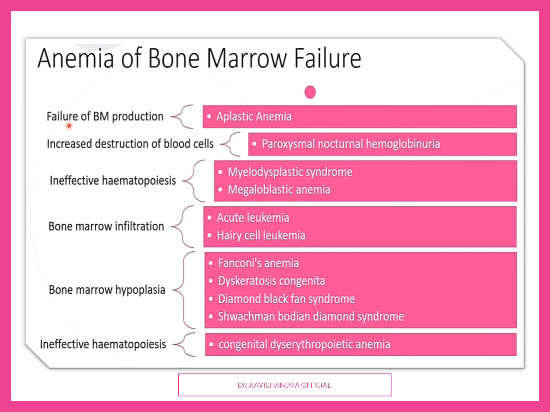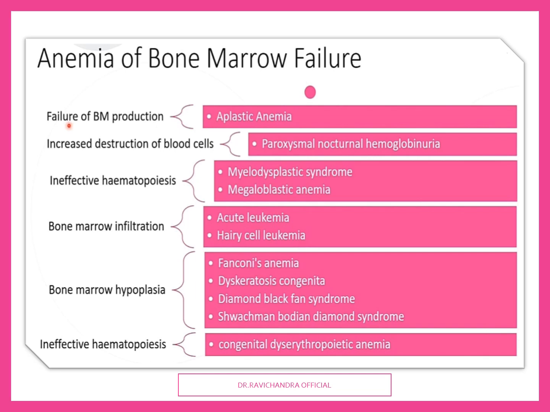Anemia of bone marrow failure. If there is failure of bone marrow production, it results in aplastic anemia. Increased destruction of blood cells is seen in paroxysmal nocturnal hemoglobinuria. If there is ineffective hematopoiesis, it results in myelodysplastic syndromes and megaloblastic anemia. Bone marrow infiltration is seen in acute leukemias and hairy cell leukemia.